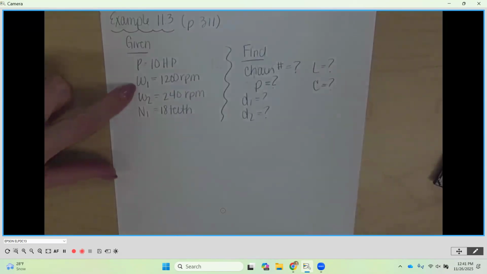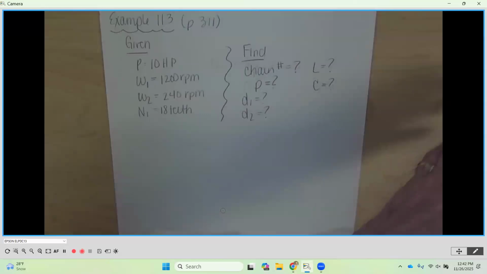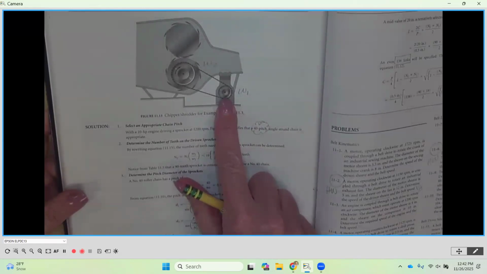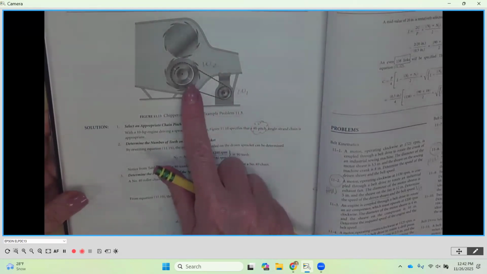Then we're also given the rotational speed, or the angular velocity, of the driver, which is number 1, and it told us that was 1200 RPMs. The driven, the shredder side, our machine, needs to go at 240 RPMs. When we look at our illustration, the smaller sprocket is going to be our W1, angular velocity 1, the driver, and the driven is going to be the machine up here, the shredder, and that's going to be our W2.